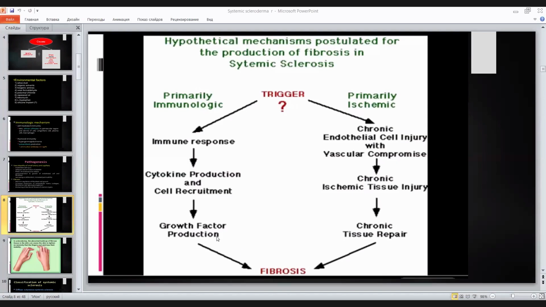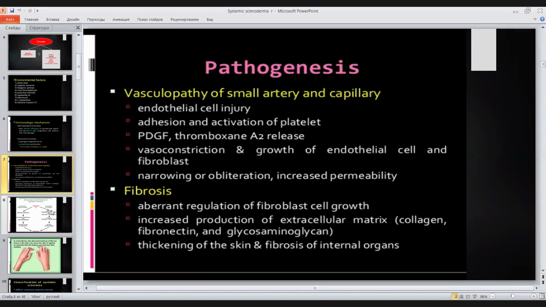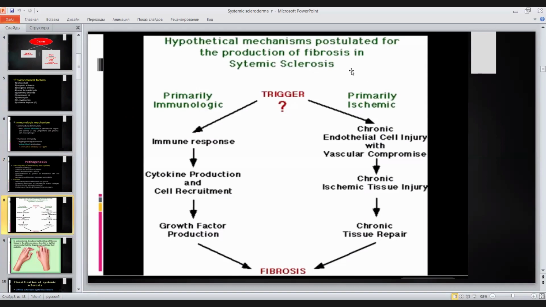In this area, there will be high activation of extracellular matrix, fibronectin, glycosaminoglycan, and third, collagen. Or the other way, fibrosis might be due to an ischemic process.